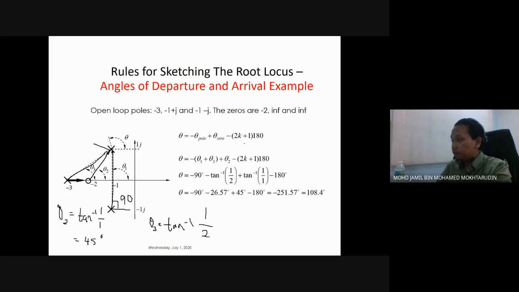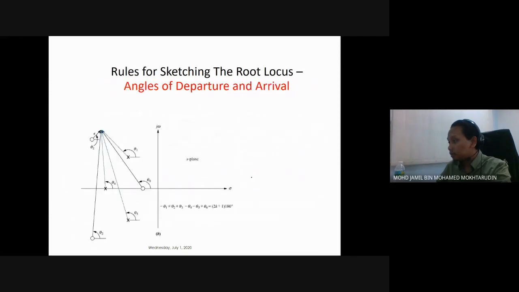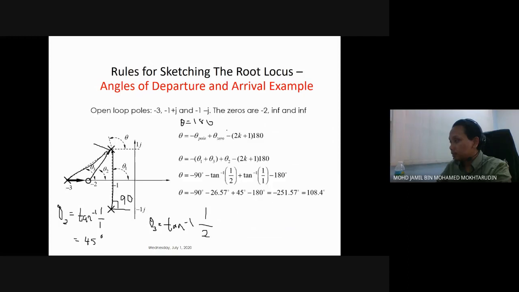And then you use the formula. The formula is theta equals 180 minus theta P plus theta Z. So theta P is 90 degrees just now, minus theta 3, which is tangent inverse of 1/2, and then plus theta 2, which is tangent inverse of 1 over 1, and then minus 180 degrees. If you use minus, you will get a negative angle.